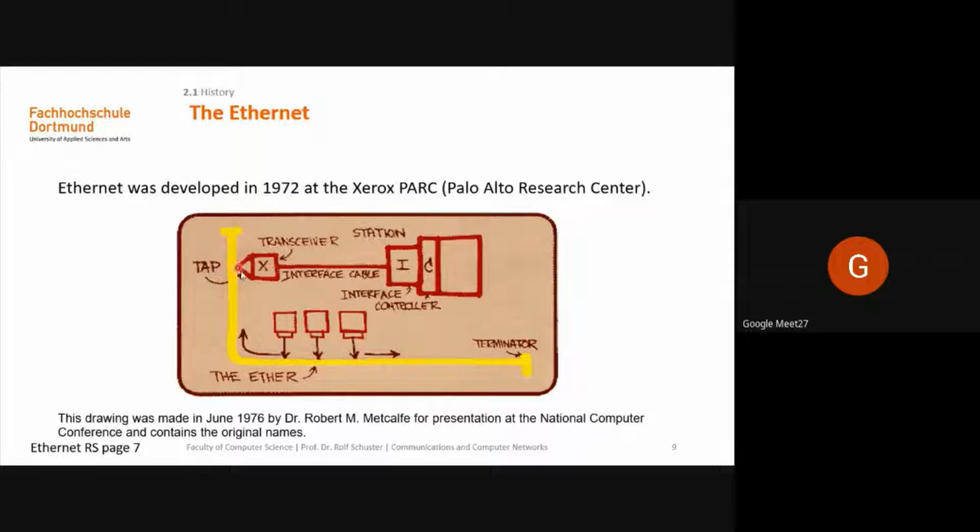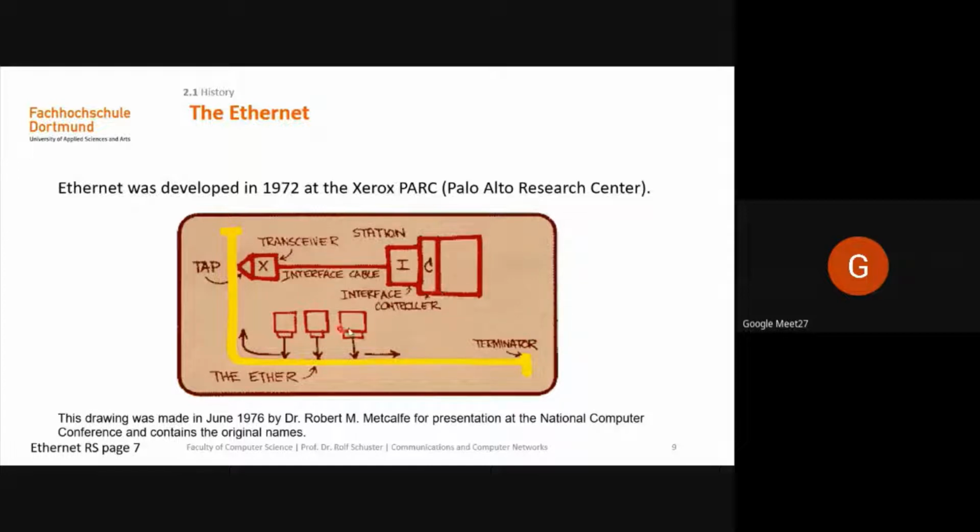This is called the transceiver. This is a station, a node. This is another station. There are several stations that communicate across a shared media, that is this coaxial cable.